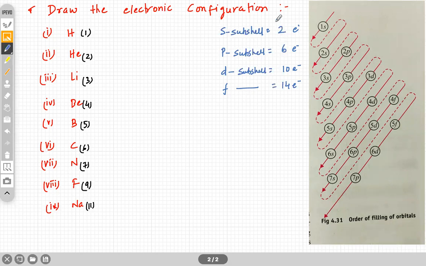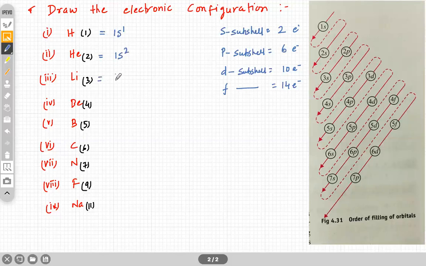So with this reference, we'll distribute the electrons in the atom. Hydrogen has only 1 electron. We start from 1s, 1 electron, so the configuration is 1s1. Helium has 2 electrons, so 1s2.